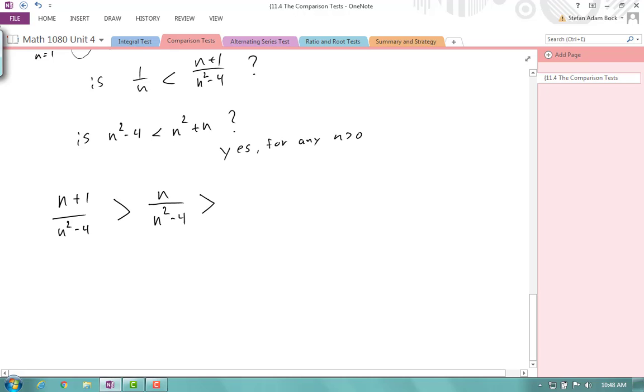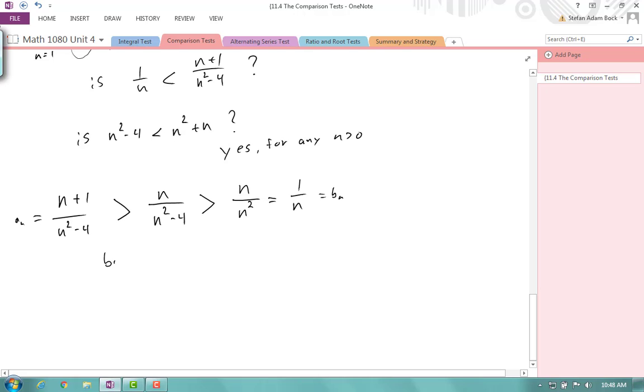I have an n squared minus 4 in the denominator. So what happens if I get rid of that minus 4? Well, I end up getting a larger denominator. And if I have a larger denominator, then I have a smaller fraction. So this turns into the smaller term, n over n squared, which is equal to 1 over n.